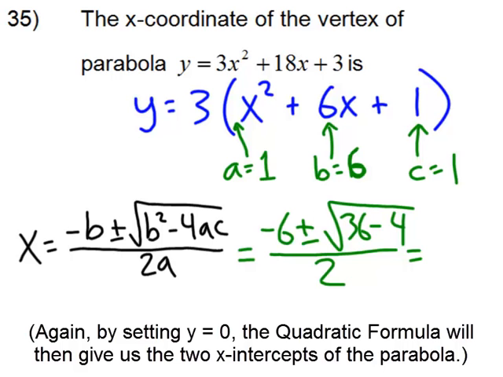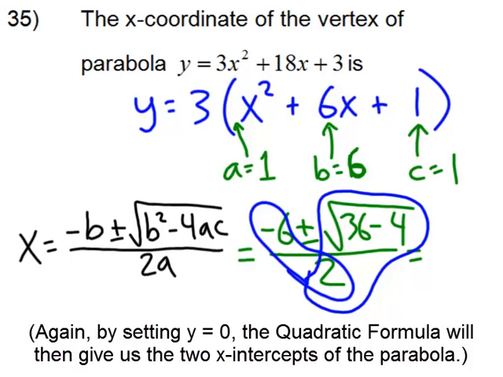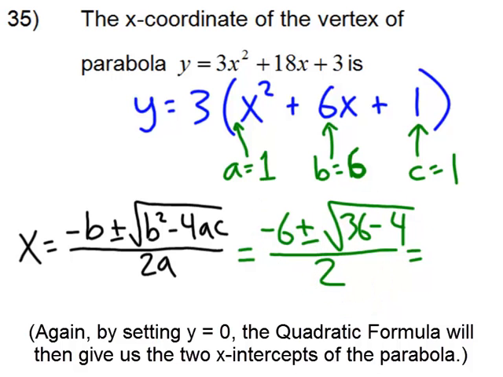You may or may not have seen somebody do this before, but with that single denominator of 2 down there, I am allowed to say that that's equal to negative 6 over 2, plus or minus this expression over 2. So let me show you what I'm talking about. Negative 6 over 2 plus or minus root, and 36 minus 4 gives us 32, over 2.